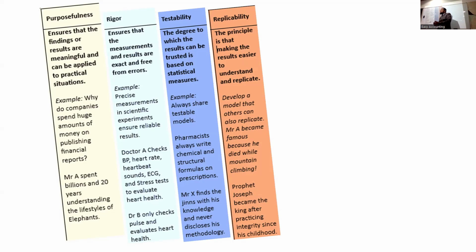He believed in God, and finally he became the king. So the model he created was replicable. You can replicate it. If you ask someone to be patient, yes, you can exercise it. If you ask someone to be truthful, he can exercise it. Right? So always create a model, always give information that can be replicated.